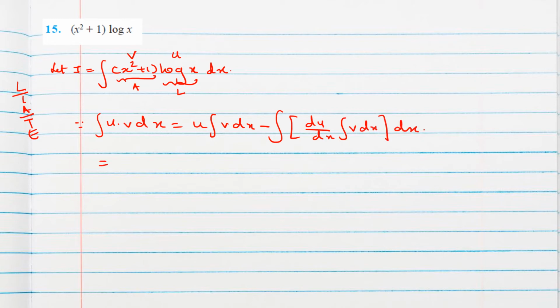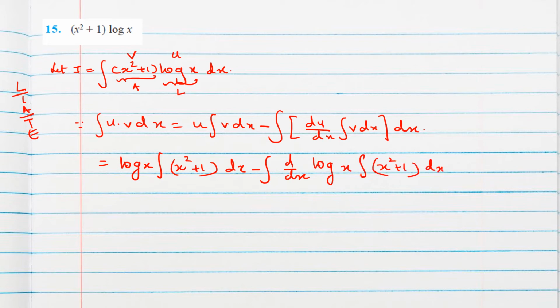So log x times the integral of x² plus 1, this is the complete v. Then d/dx of log x times the integral of x² plus 1 dx, and then the complete integration. For this integral we can separate it and find the integral of x² dx and 1 dx.